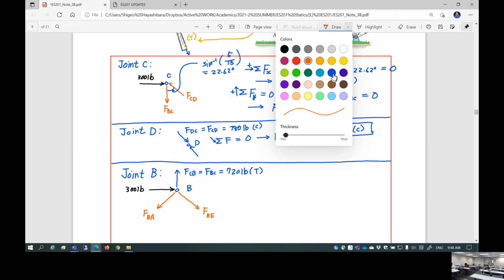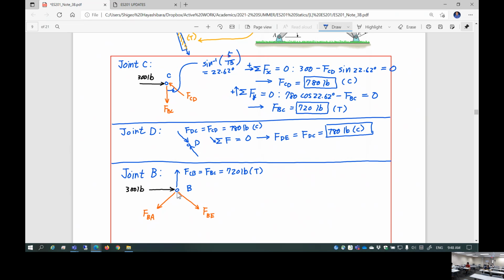We know that geometry-wise, this angle, or this angle, either one, is 45. Well, this angle is 45 too. Oh, wait a minute. FBE, wait a second.